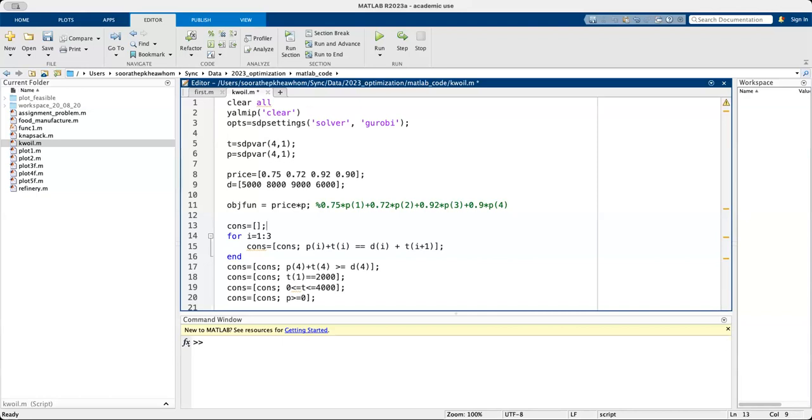Then we move to the constraints, which are a very important part.